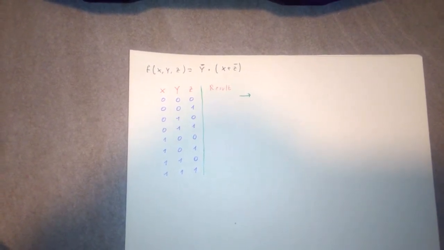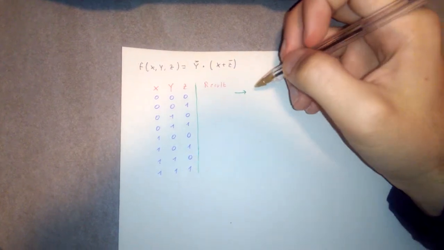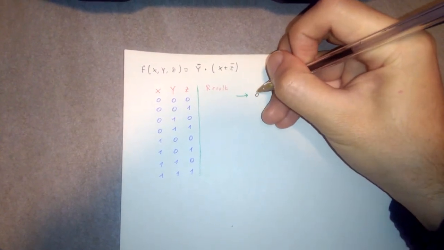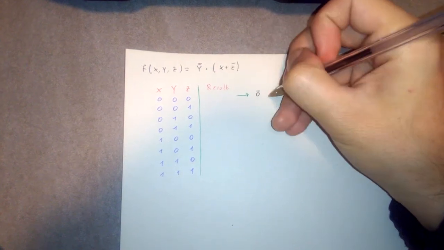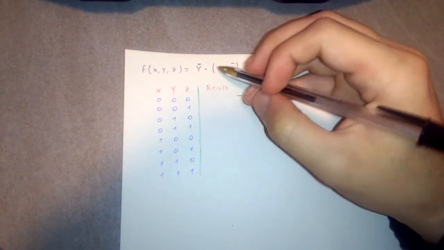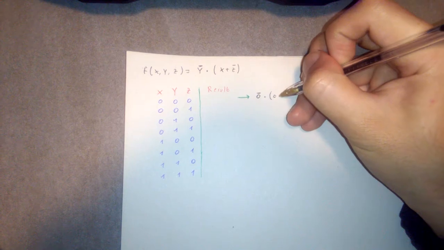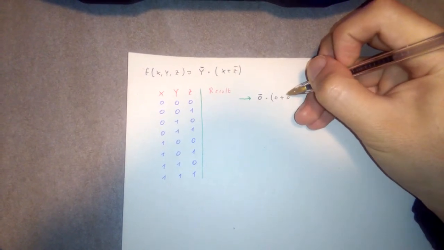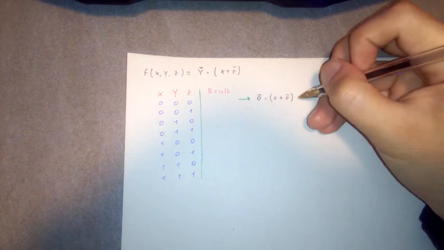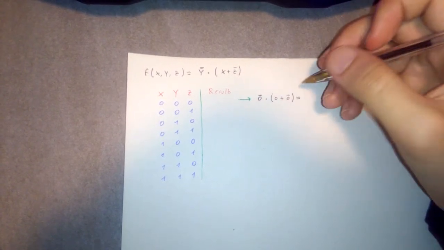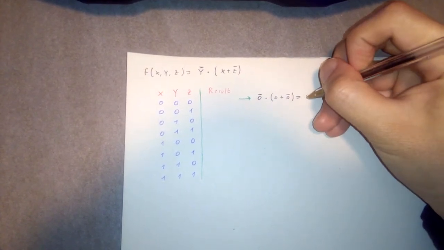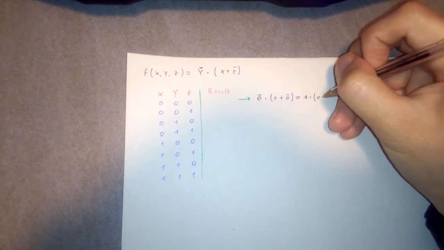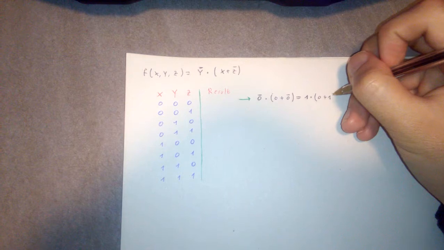So let's do that, shall we? If we plug 0, 0, 0 into this function, we get not y, so not 0, times x, which is 0, plus not z, which is not 0. So not 0 is 1, times 0, which is 0, plus not 0 is 1.